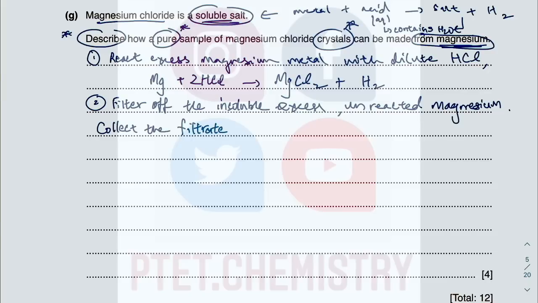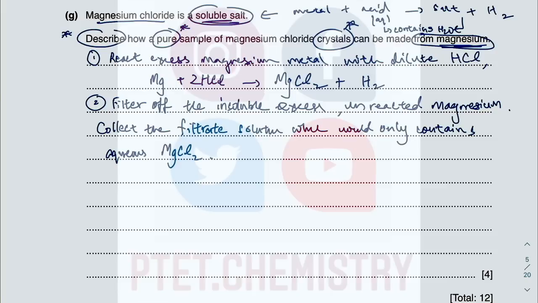Okay, collect the filtrate solution, which would only contain aqueous MgCl2. The aqueous is because there's water there. The acid is completely used up because you use excess metal, whereas the gas already escaped. So all you have is just the salt dissolved in water because it's a soluble salt. Alright, and you already filter the excess unreacted magnesium.